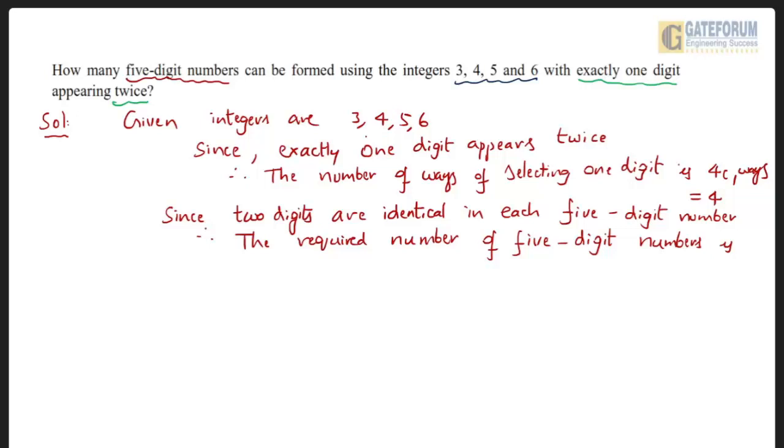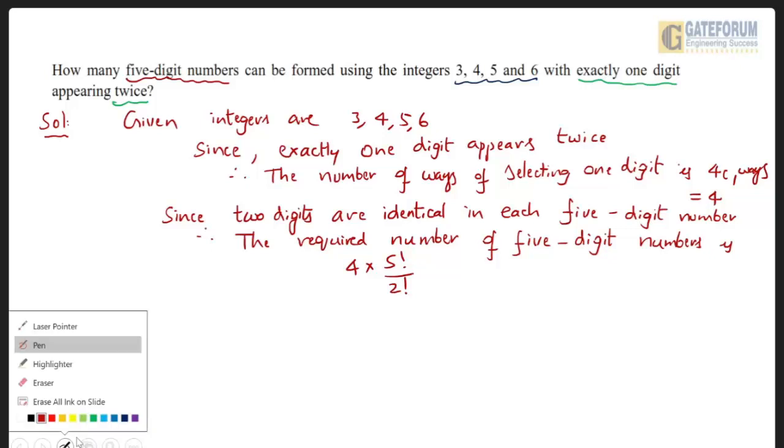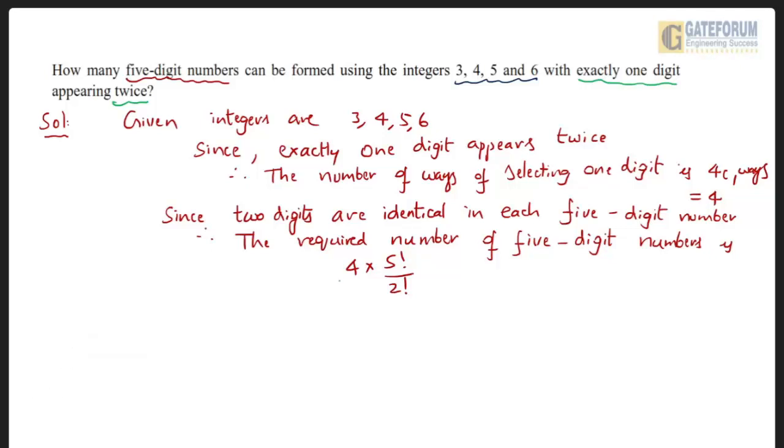So here one digit is only repeated twice. So 5-digit numbers can be formed in how many ways? 5 factorial ways, because one digit is repeated 2 times. So the required number of 5-digit numbers is 5 factorial by 2 factorial. And which digit is repeated? Either 3 or 4 or 5 or 6. That is 4 ways. So that's why 4 into 5 factorial divided by 2 factorial. This is the key point.